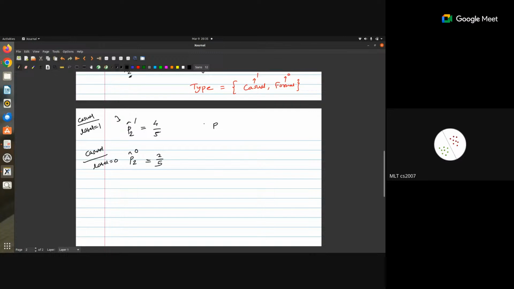Now 1 minus P2 hat 1 is 1 minus 4 by 5, which is 1 by 5, and that denotes formal given label 1. And 1 minus P2 hat 0 is 3 by 5, when it is formal and the label is 0.